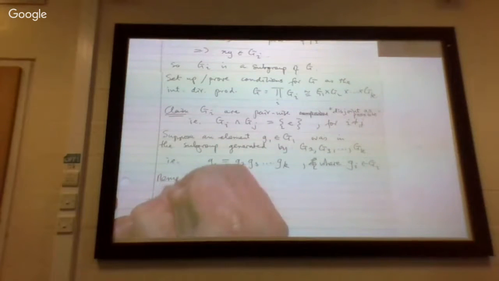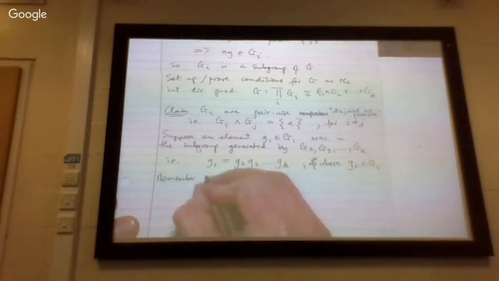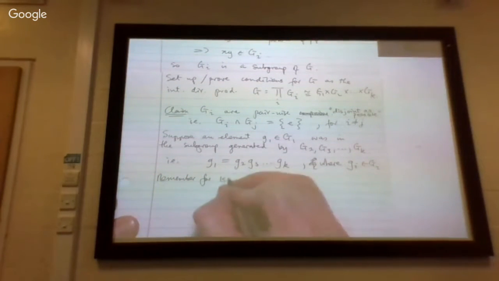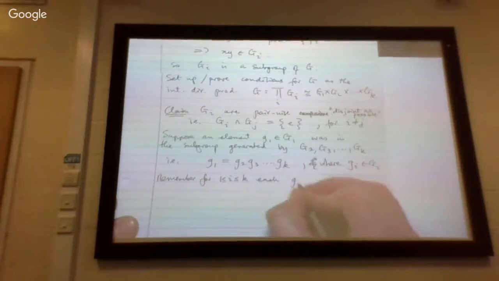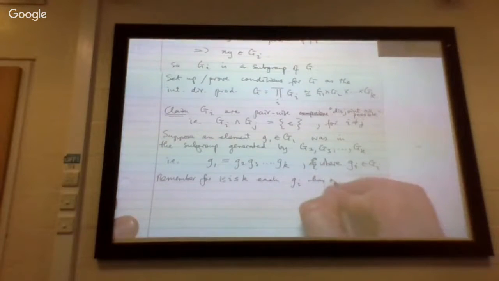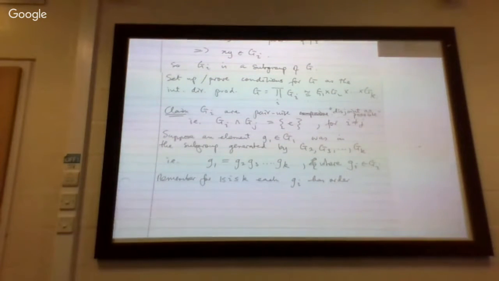Now, remember, for every value of i between 1 and k, each gi has order a power of pi.